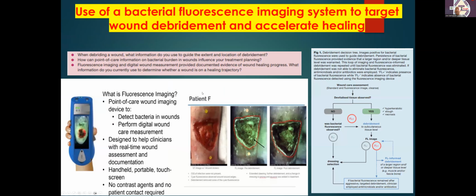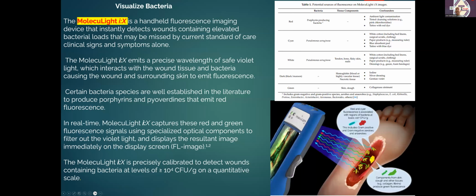And also, newer fluorescence-based imaging technologies are being used, wherein a certain light is projected into the wound bed, and we are able to detect what kind of bacteria are present in the wound bed.